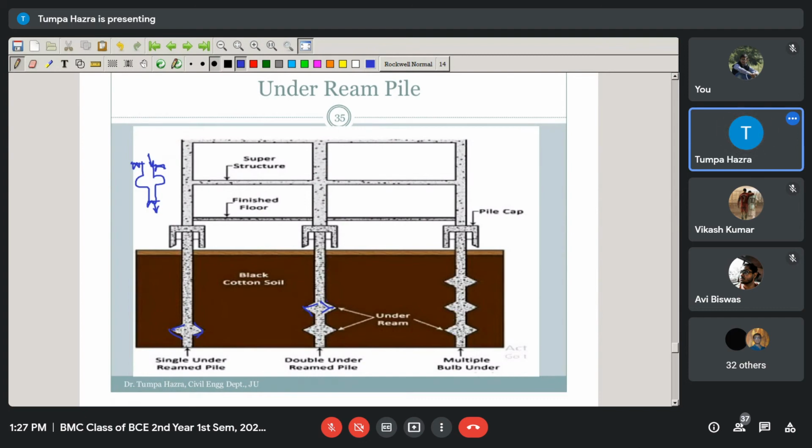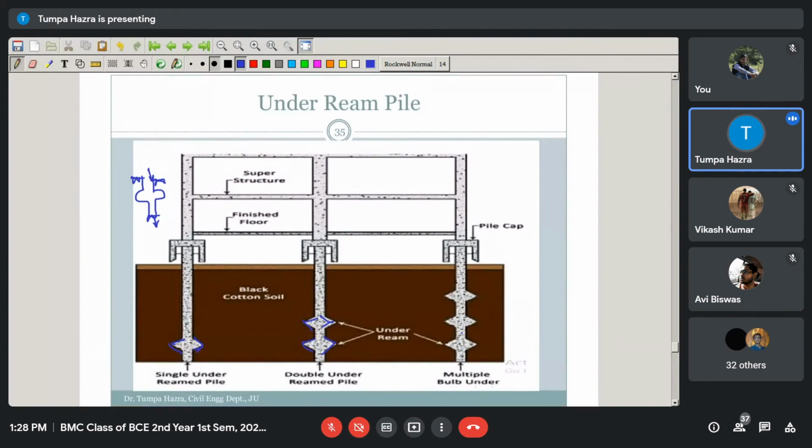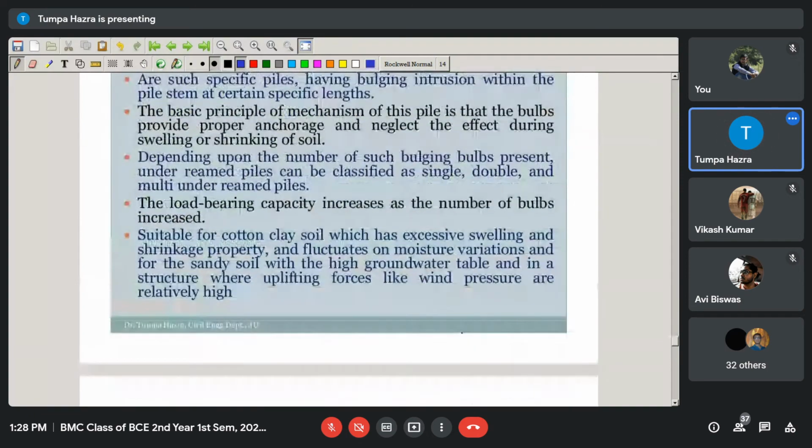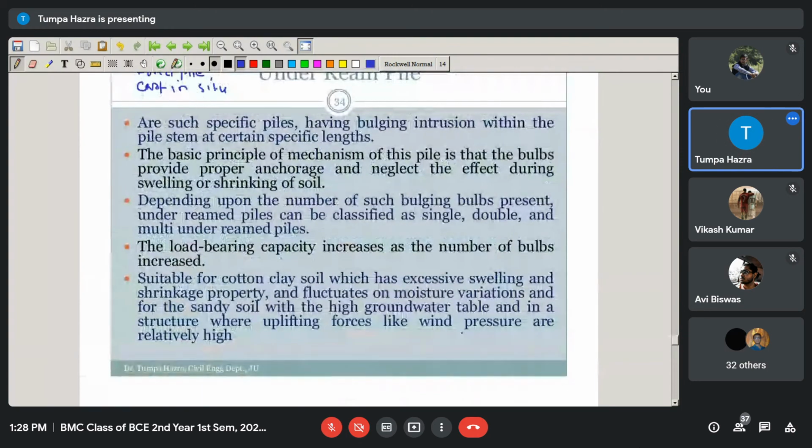Now, why this type of bulbs? These are also known as bulbs. Why are this type of bulbs provided? Basically, to provide proper anchorage and neglect the effect of swelling or shrinking of the soil.